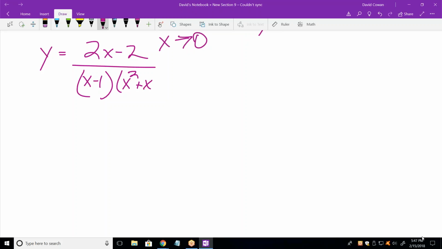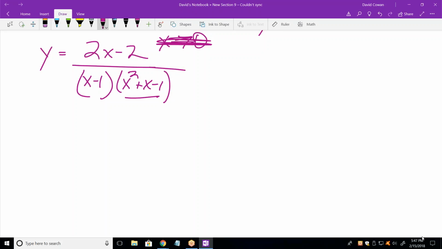Like that? Yep. Exactly like that. Yes. 2x minus 2 over x minus 1 times x squared plus x minus 1. It doesn't actually seem right because that is not a quadratic that can be factored easily. Yeah. It's looking for all the vertical asymptotes.